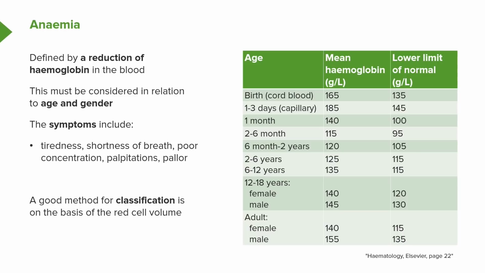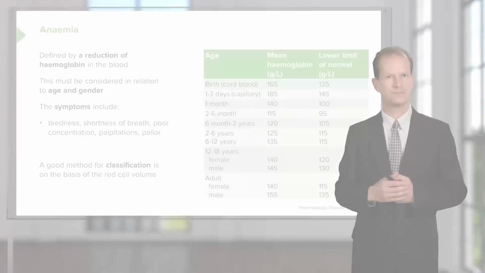And then look at adults right at the bottom, and you'll see the characteristic difference between females and males in the hemoglobin concentration, with males having that increment of around 15 grams per litre, due to the effect of anabolic male hormones.